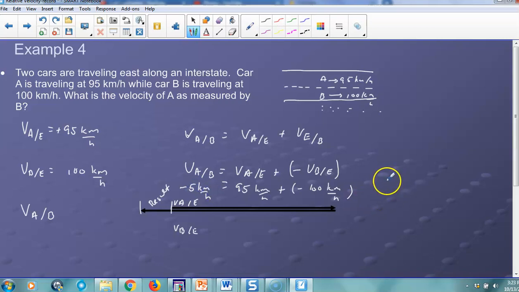So the velocity of A relative to B is going to be negative 5. So it's going to be the same thing as if car B was sitting still and car A was going backwards at 5 kilometers per hour.